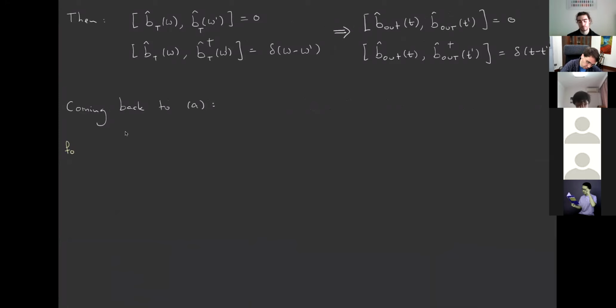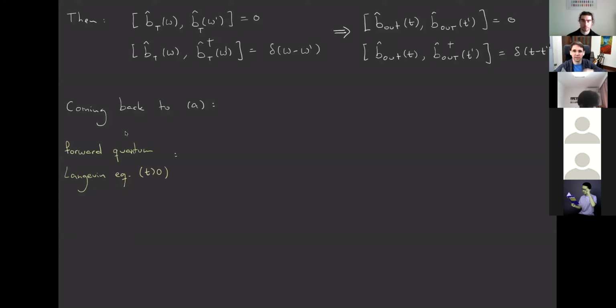So if we use the forward formal integration of the external modes, then what we will get is something that is called the forward quantum Langevin equation, okay, which is for t larger than 0.